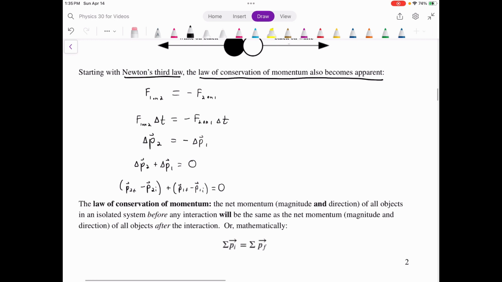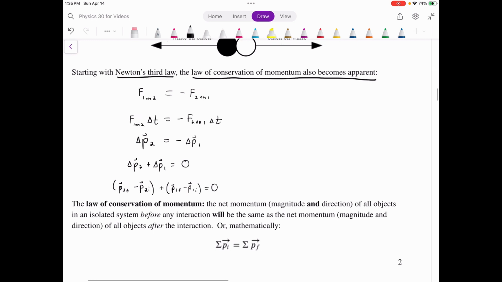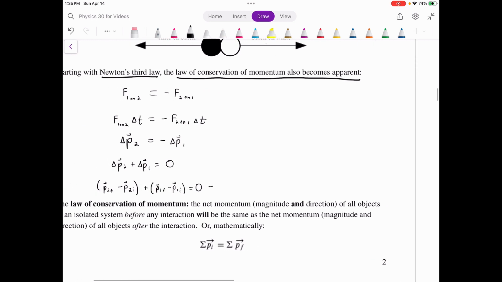Now, if we rearrange this a little bit, we can really see how the total initial momentum must equal the total final momentum. Let's simplify this out a bit. We don't need those brackets anymore. So momentum 2 final minus the momentum of object 2 initial plus the momentum of object 1 final minus the momentum of object 1 initial needs to equal 0.